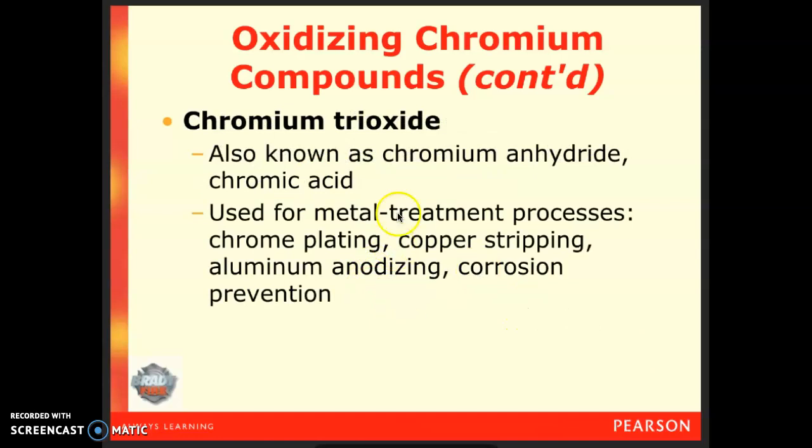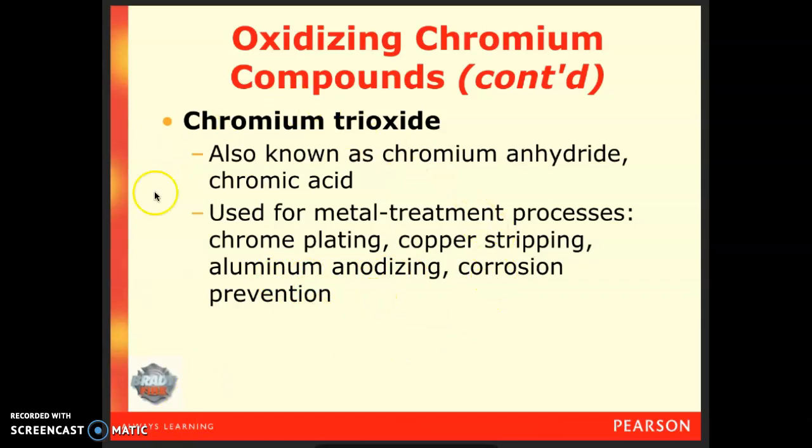Chromium trioxide, as I've mentioned before, chromium anhydride, as it's sometimes known, is used for a number of different kinds of processes. Metal treatment processes, chrome plating, reacting with copper to strip it from things, anodizing aluminum, making things more corrosion preventive.